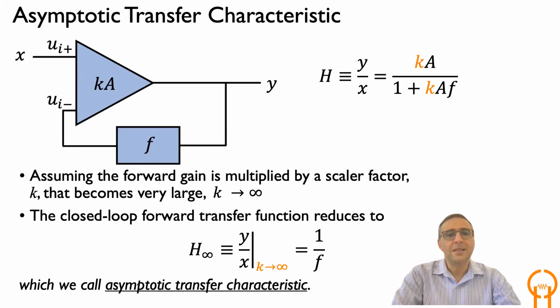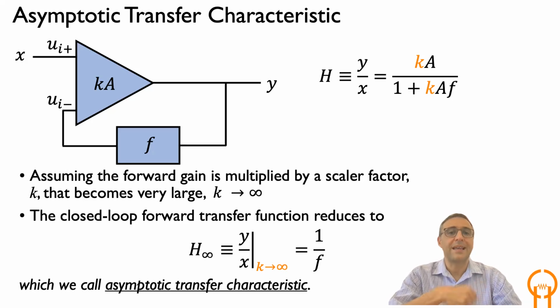So now let's say you introduce a factor K, which is shown here in this equation. Of course, if you make your gain from A to Ka, the first equation that you had becomes Ka over 1 plus Kaf. Now the asymptotic part comes into play.